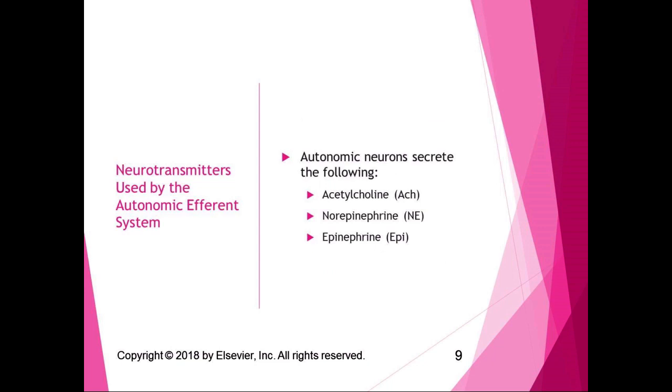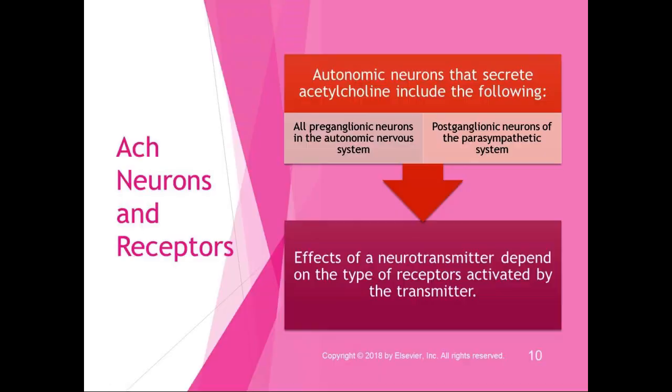So autonomic neurons secrete three different neurotransmitters: acetylcholine, norepinephrine, and epinephrine. So those are our main guys in the autonomic nervous system. As you might remember from chapter 6, acetylcholine is also the neurotransmitter that's used at the neuromuscular junction, where the motor efferents affect the skeletal muscles. So acetylcholine, pretty important in the whole nervous system and how the central nervous system affects the rest of our body.